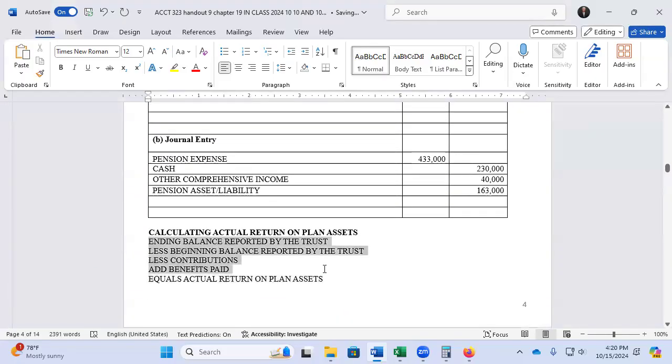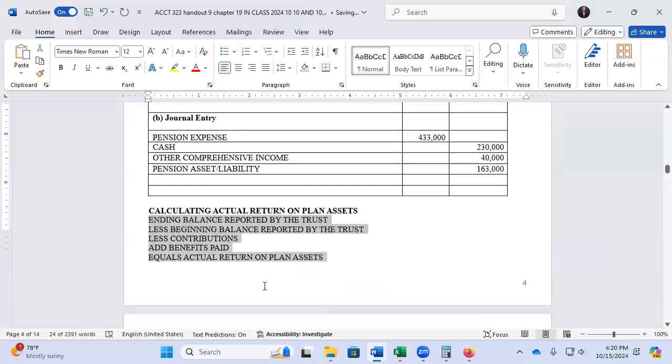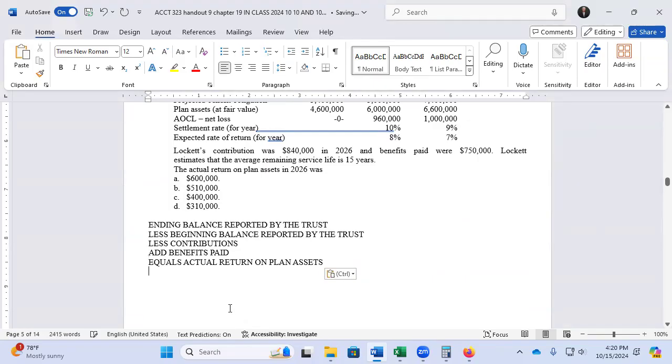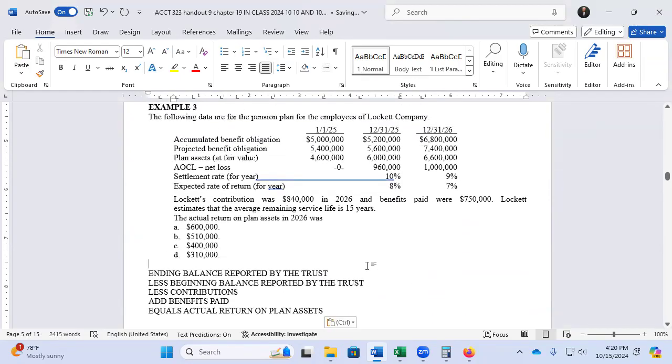I'm going to test my formula. Okay, so I've copied that formula from up above.